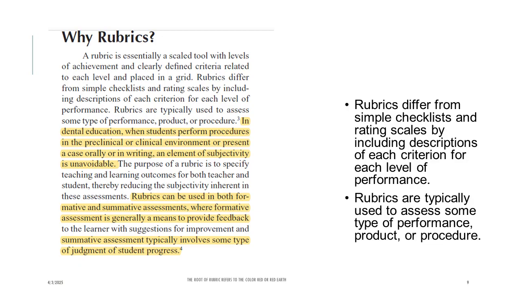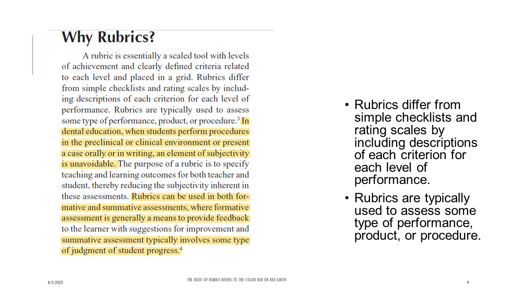Why rubrics? It says rubrics differ from simple checklists and rating scales by including descriptions of each criterion for each level of performance. So, as I've just mentioned, the rubrics differ from the checklist in that they have the achievement criteria, the description for each criterion for each level of performance.